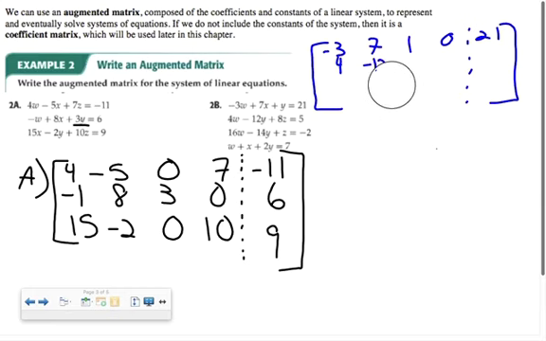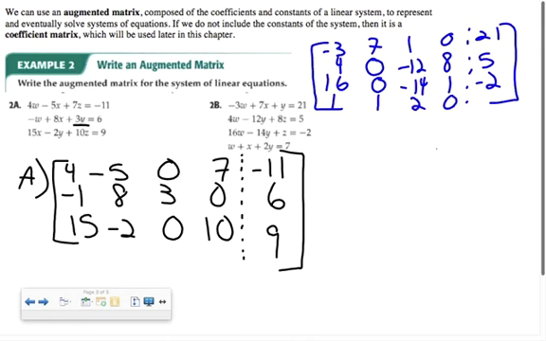See, happens to the best of us. 0, negative 12, 8, and 5. In the next row, I have 16, no X term, negative 14, 1, and negative 2. And in my last row, 1, 1, 2, 0, and 7. So that's what an augmented matrix looks like.